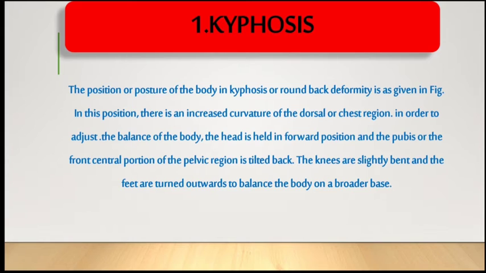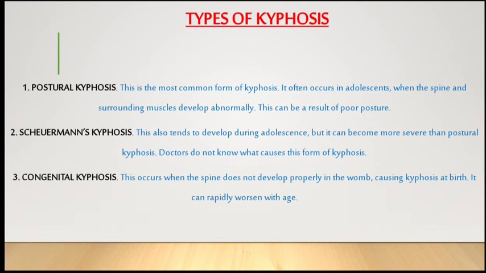Now I'm telling you the corrective measures for kyphosis. Okay, so first we learn about the types of kyphosis. There are three types of kyphosis. The first is postural kyphosis, the second is Scheuermann's kyphosis, the third is congenital kyphosis. Okay, so these are the types of kyphosis.